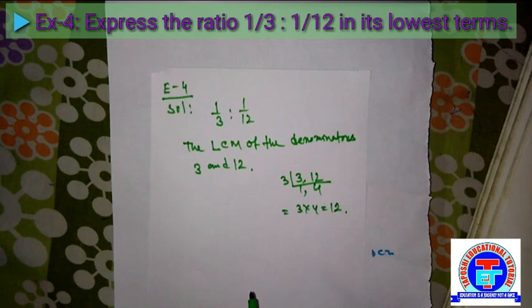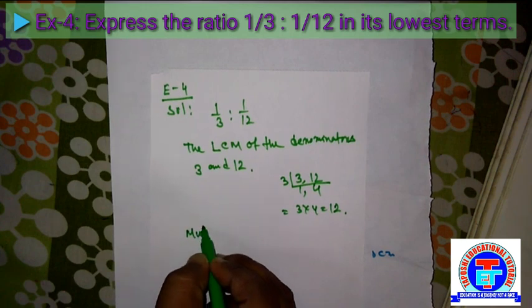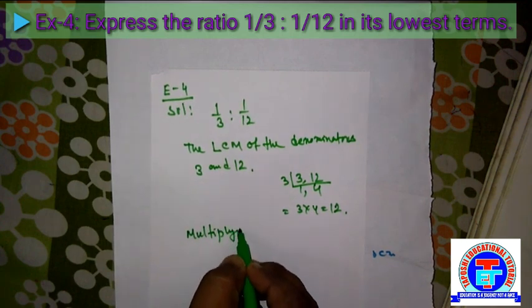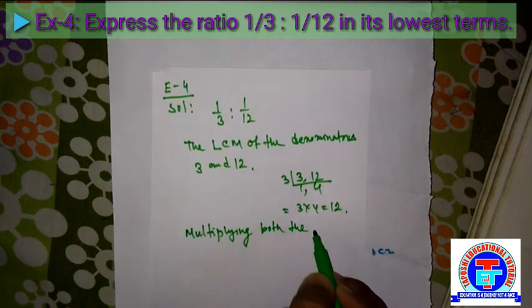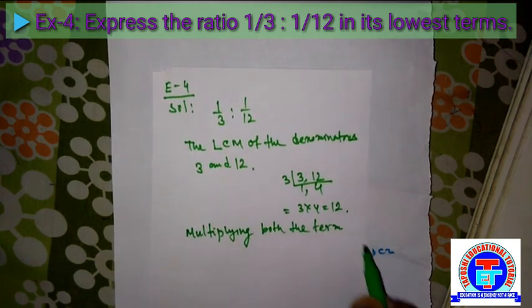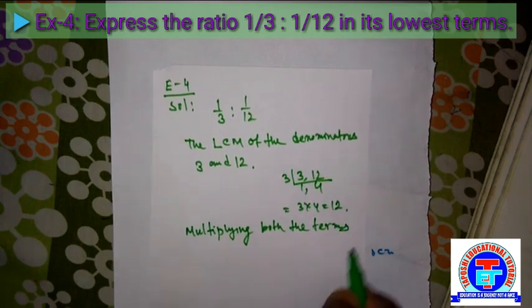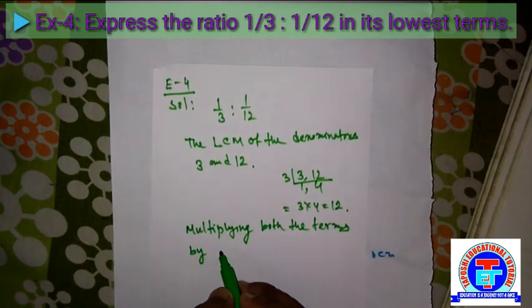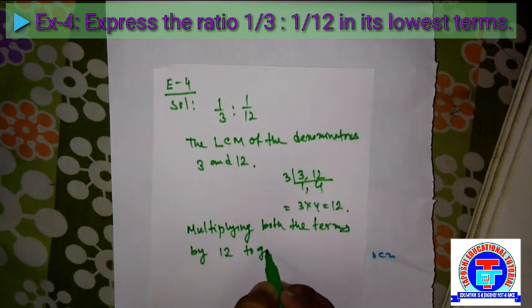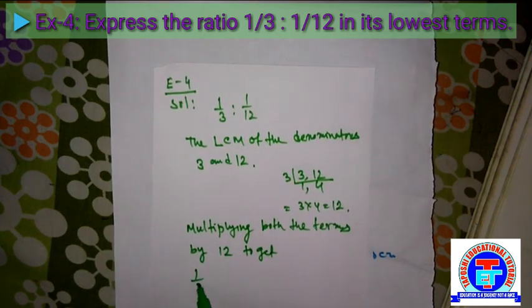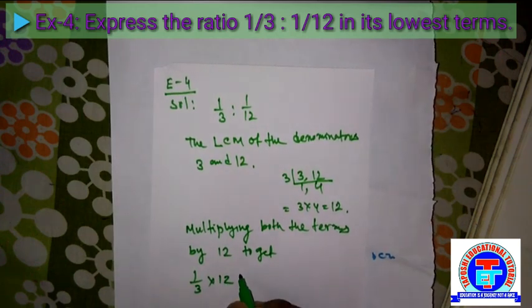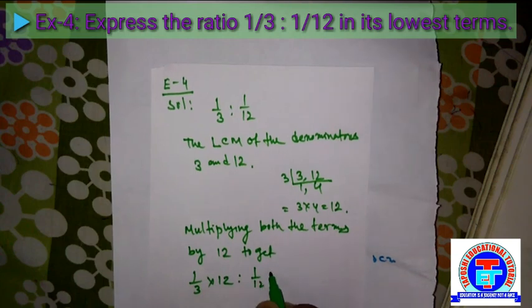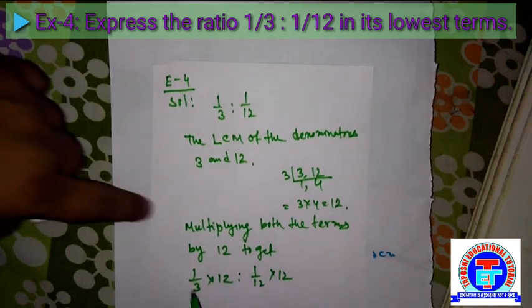Okay, now multiplying both the terms by 12 to get 1 by 3 into 12, right, is to 1 by 12 into 12, correct?